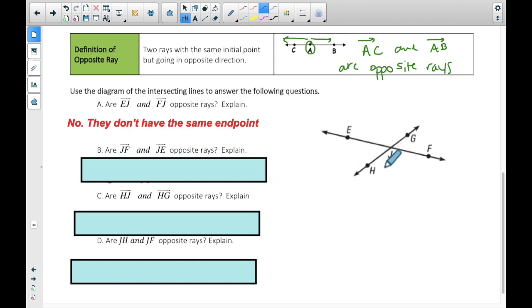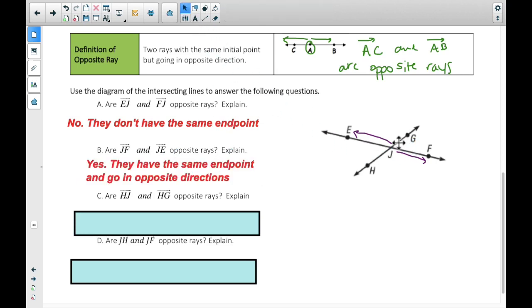Okay, how about JF right here and JE right here? Okay, well, remember what I said a second ago. Let's look at their names. Well, they both start with J. That's good. So these are opposite rays, because they have the same endpoint, but they go in opposite directions. Okay, how about HJ and HG?